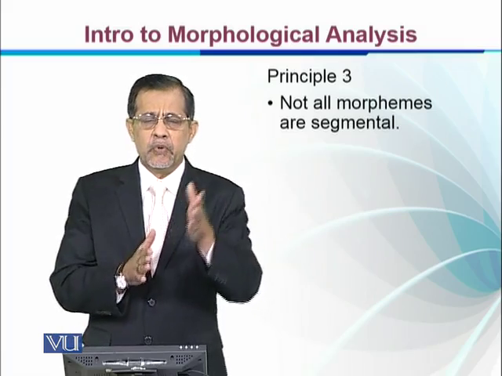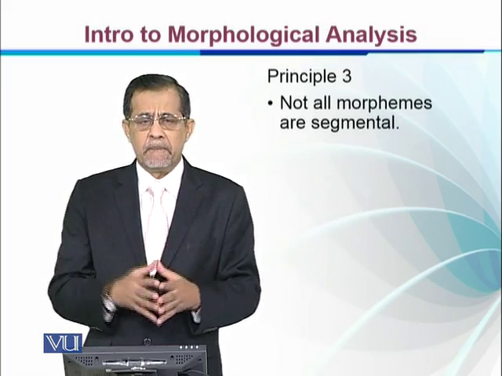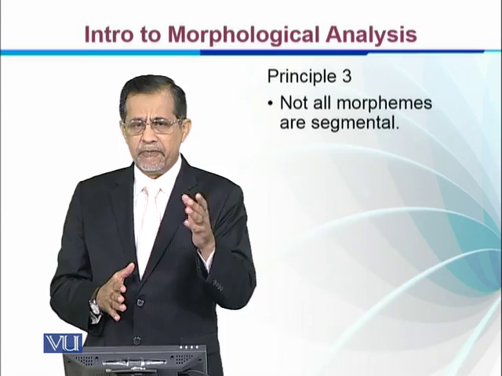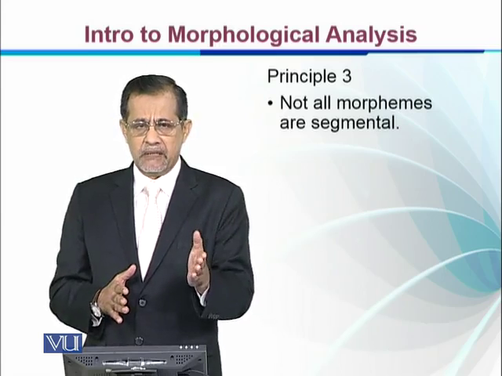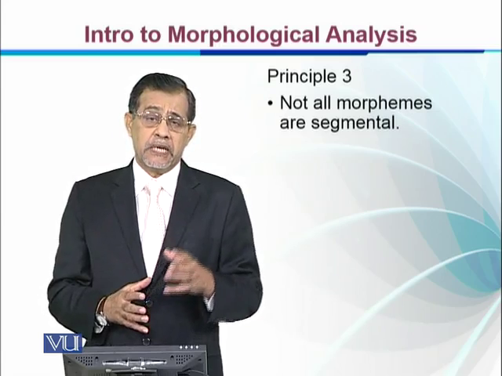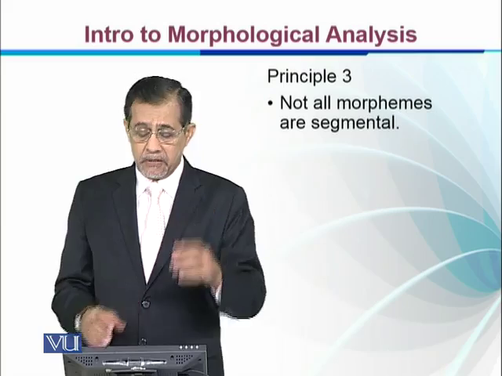For example, if you look at the word select and add a past morpheme to it, it becomes selected. The segment at the first of the word remains the same. But there are certain verbs in the English language in which the first segment does not remain the same, right?